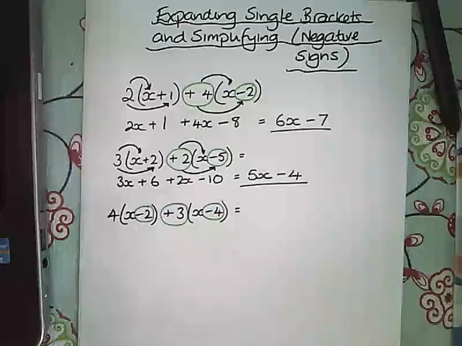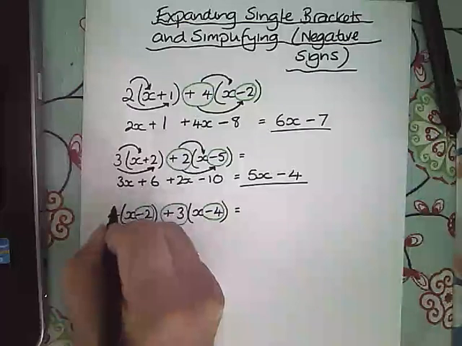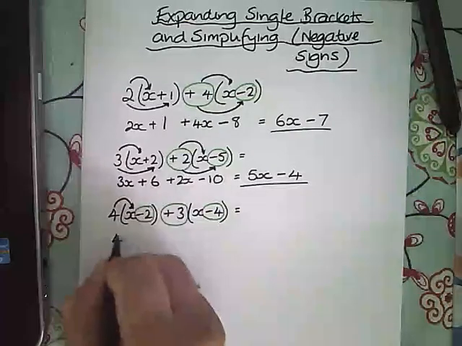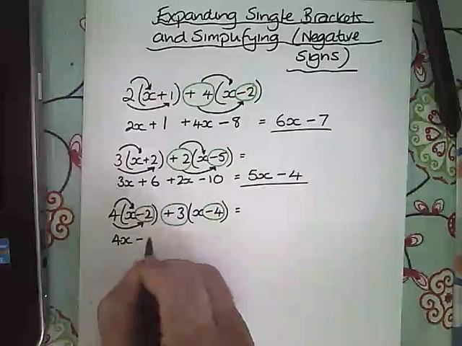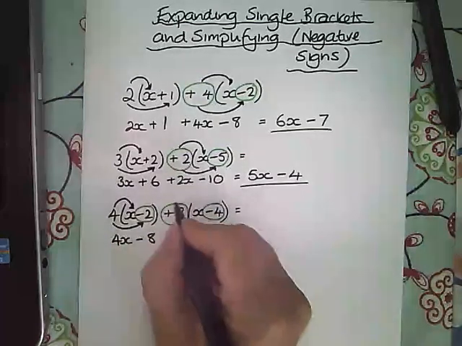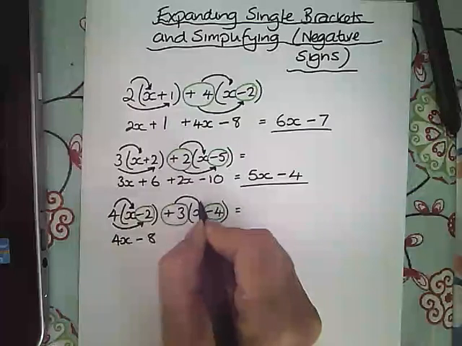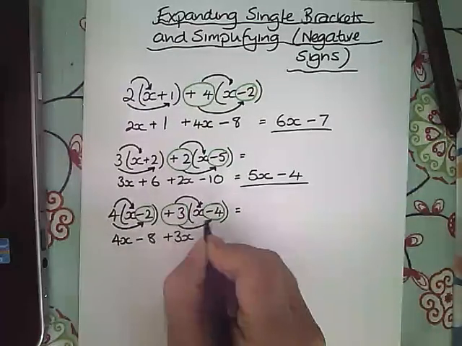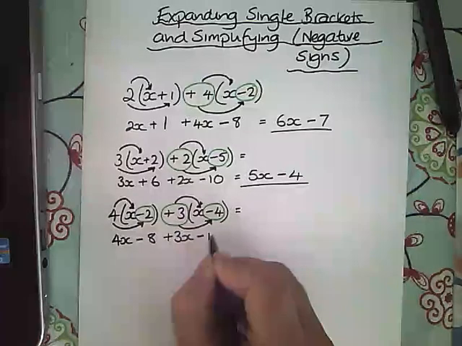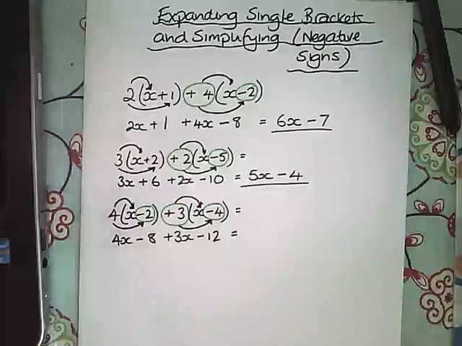And if you talk to yourself whilst you're doing it, just like I am slowly saying 4 times minus 2, then if you say that to yourself slowly, you are less likely to make a mistake. 4 times x is 4x. 4 times minus 2 is minus 8. Positive 3 times x is 3x. 3 times minus 4 is minus 12. So that's the expansion bit done.